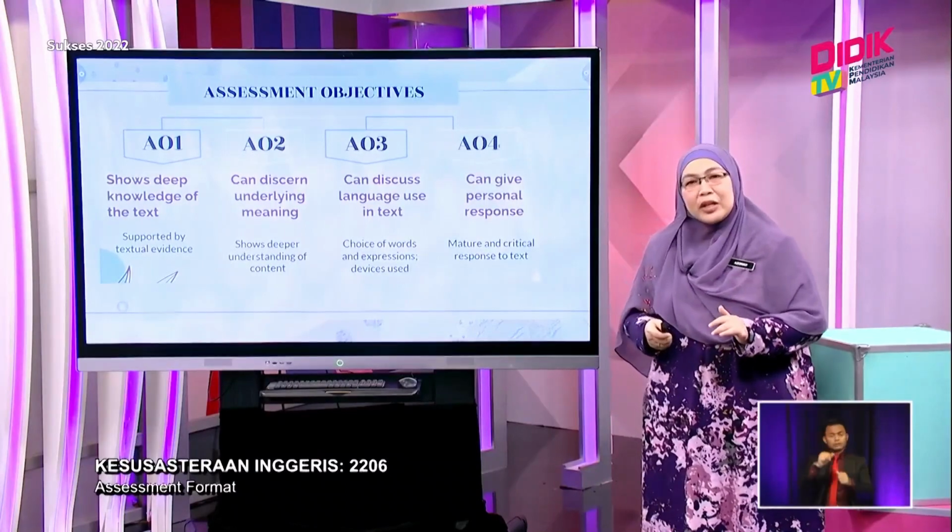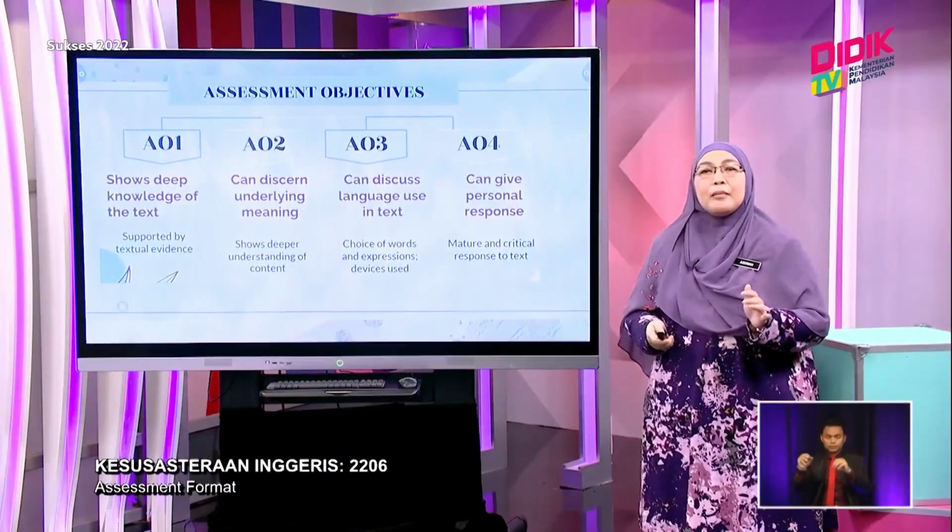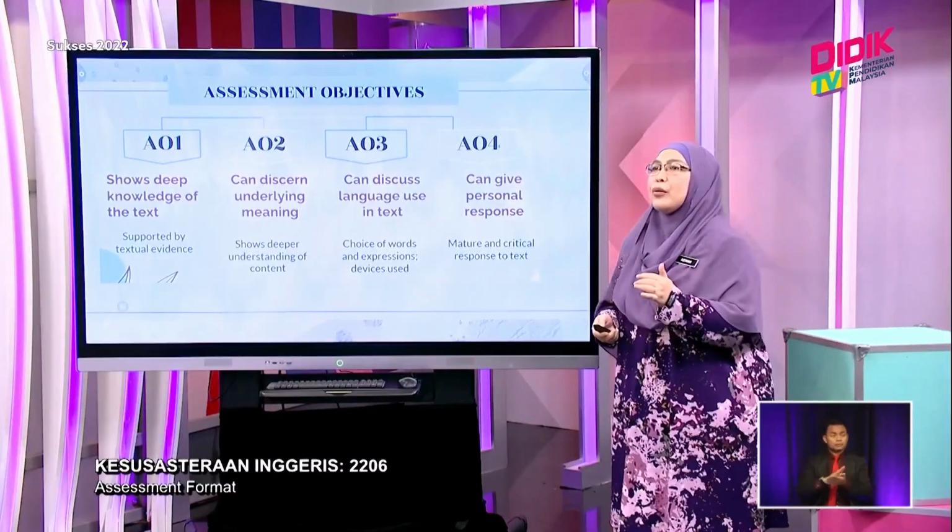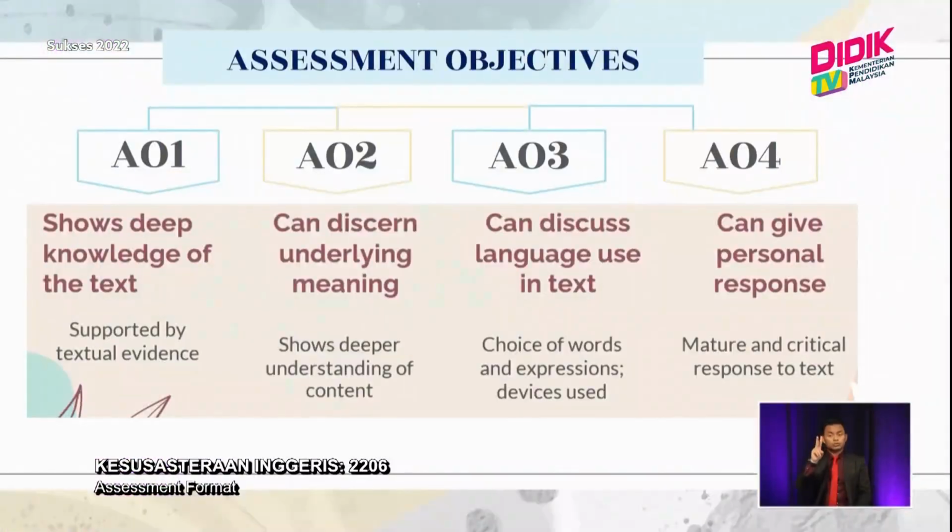The assessment objectives are made up of your AO1, AO2, AO3, and AO4. All the 6 essays that pupils write need to have these 4. Meaning, if you had a recipe, the ingredients must all be there.